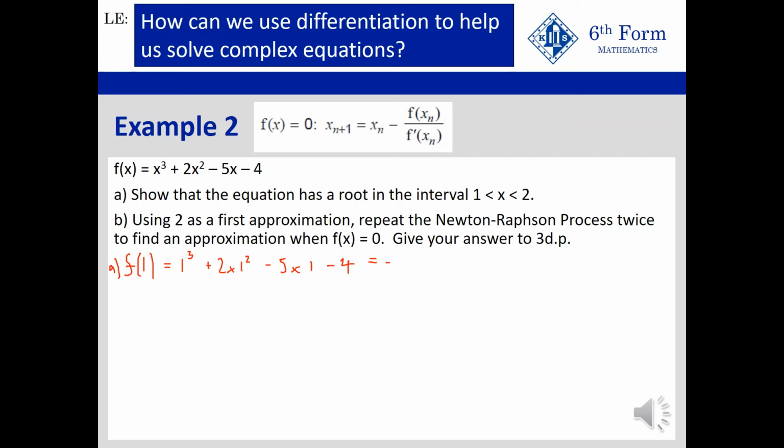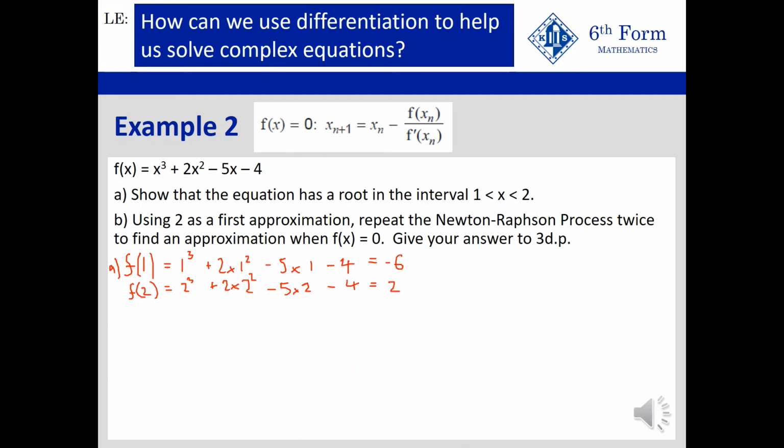So if we're expecting it to be a change of sign method, we would expect f of 2 to give us a positive value. And this change between positive and negative must mean it was 0 somewhere in between. So f of 2 would be 2 cubed plus 2 lots of 2 squared minus 5 times 2 minus the 4 this time. So that is coming out as being 2.